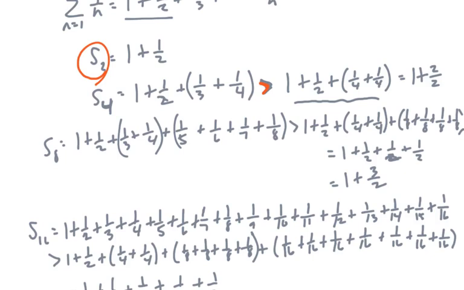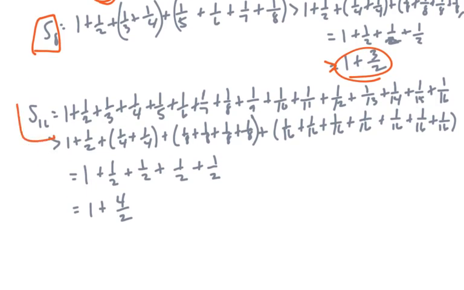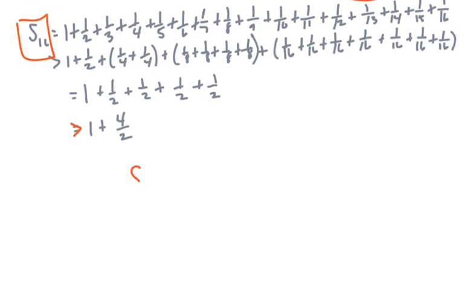S sub 2 is equal to 1 plus 1/2. Remember, we're looking at patterns. S sub 4 is greater than 1 plus 2/2. S sub 8 is greater than 1 plus 3/2. S sub 16 is greater than 1 plus 4/2. So we can say that S sub 2 to the n, notice we're only looking at powers of 2, is not equal to, it's greater than 1 plus n over 2.